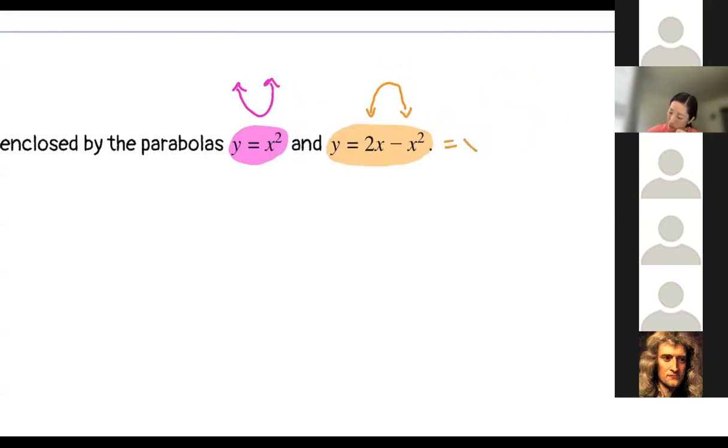So if I factored out an x, what would still be left inside those parentheses? A 2 minus x, perfect. 2 minus x, okay.